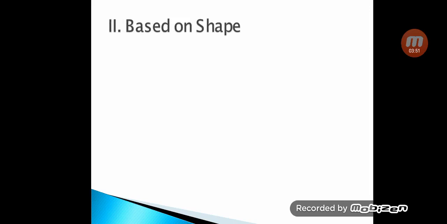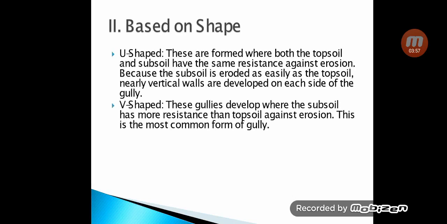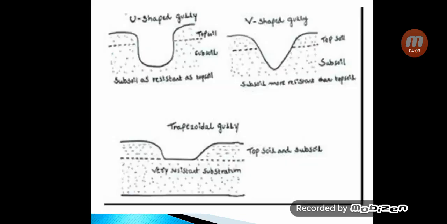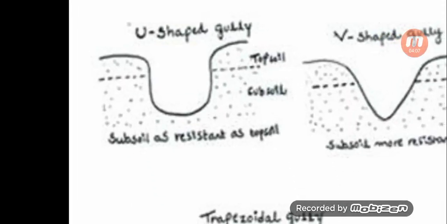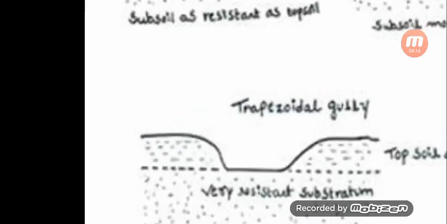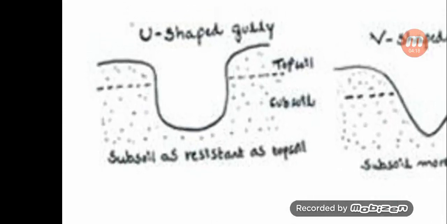The second classification is based on shape. Gullies are classified as U shaped, V shaped and trapezoidal shaped. U shaped gullies are formed where both the subsoil and topsoil are equally resistant to water. You can see here a U shaped gully, in which this is the topsoil, and below the topsoil there is a subsoil.